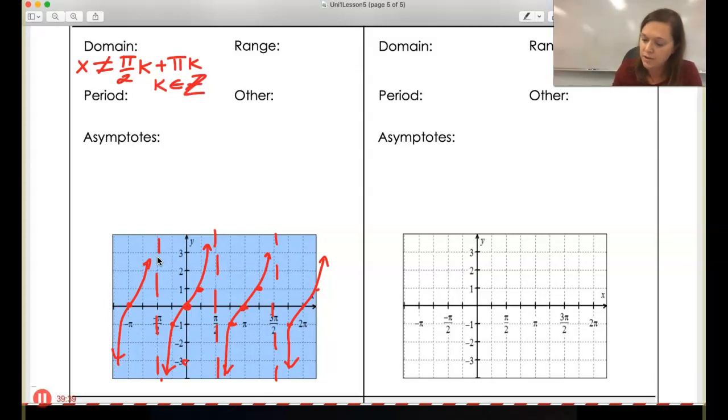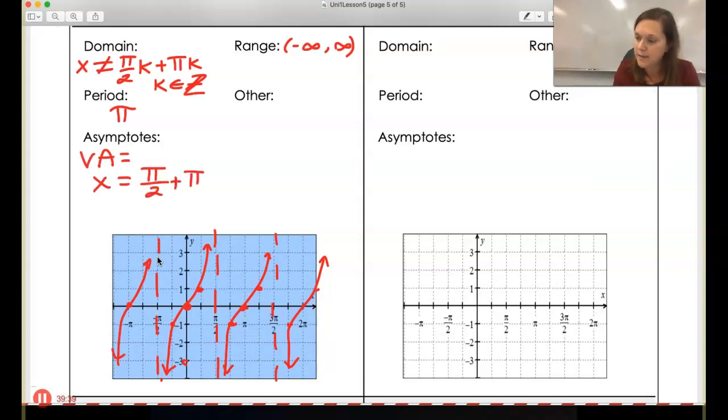My range is all real numbers. My period is just pi. And we have a vertical asymptote when x is equal to 1/2 pi plus pi times some number, we'll do k again, where k is in the integers.